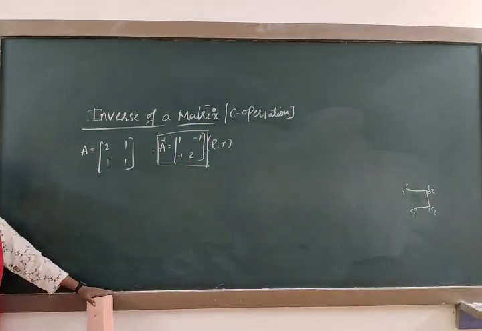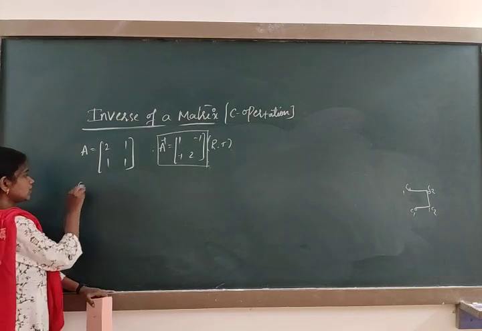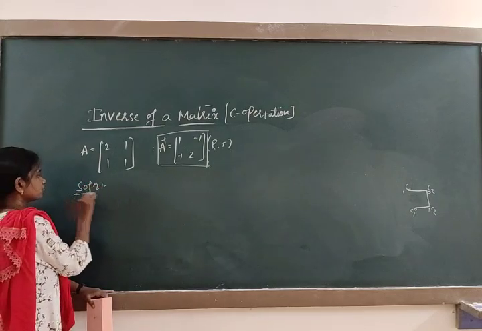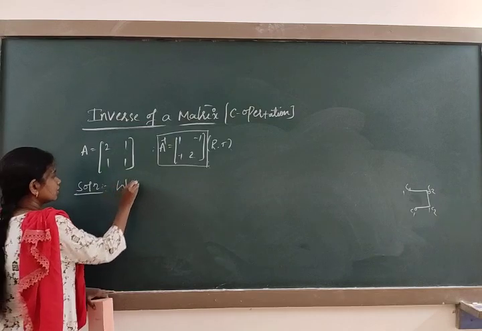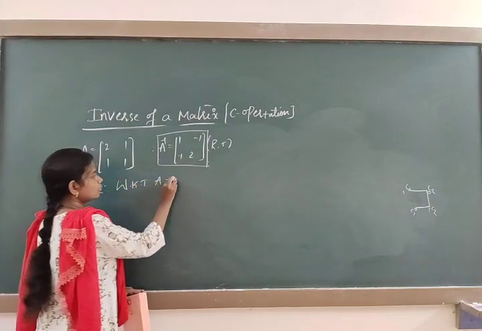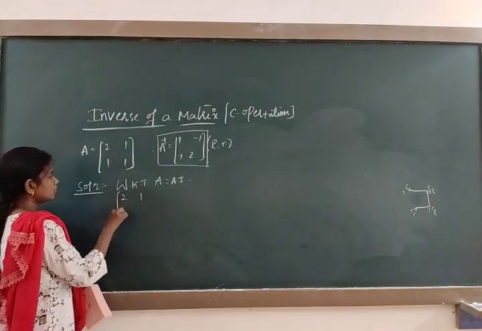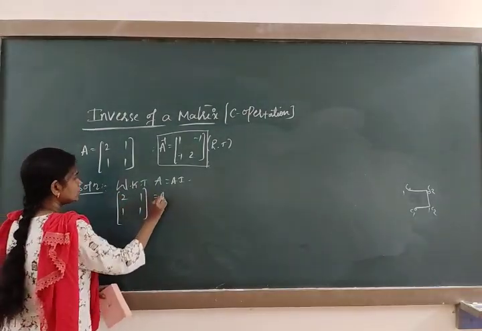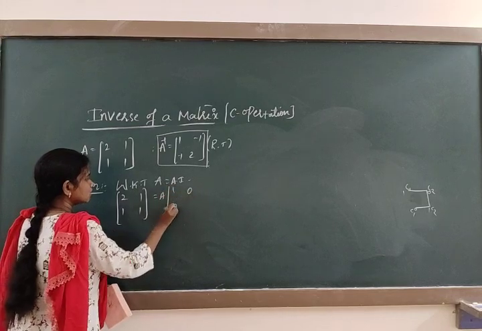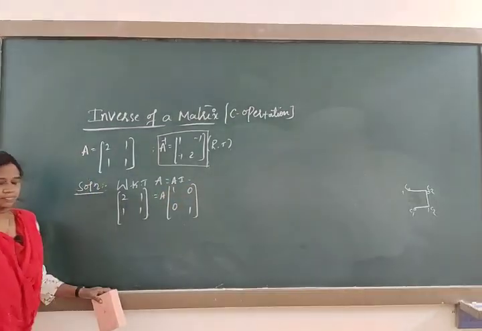So now in today's session we are going to check whether it is the same value or not. We know that A is equal to AI. So what is A? 2 1 1 1 is equal to A as it is, and the I value is 1 0 0 1.